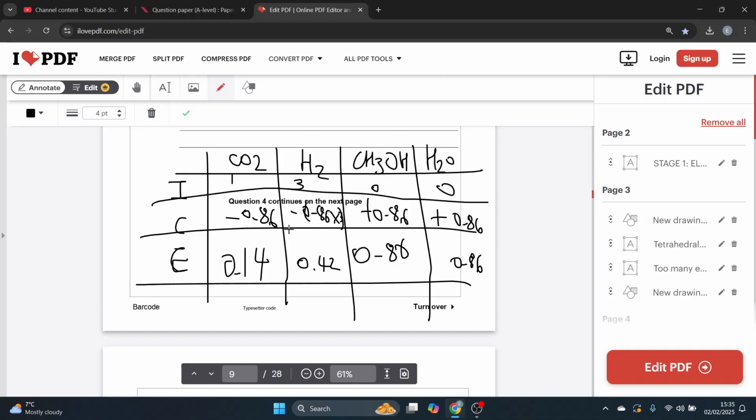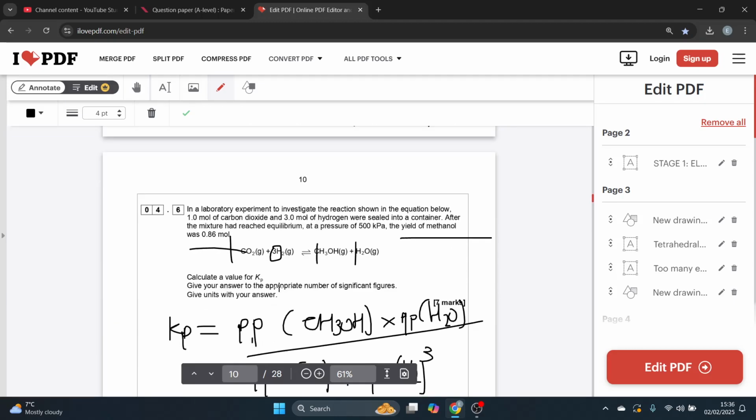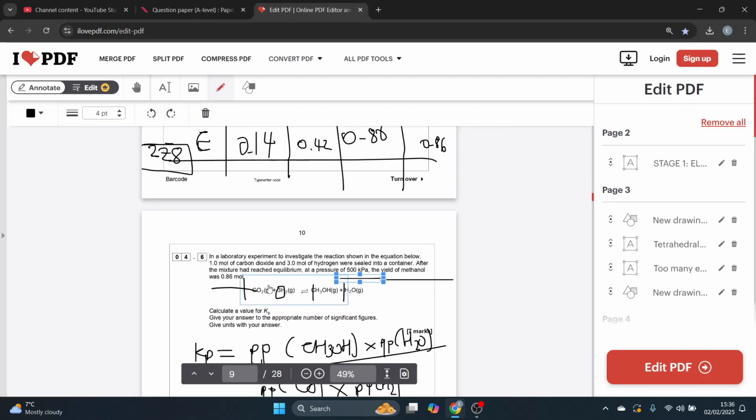Now I need to find out the total number of equilibrium moles. So 0.14 plus 0.42 plus 0.86 plus 0.86. I get 2.28. Now what I need to do is work out a mole fraction and then just times by the total pressure. Obviously the reason it's 7 marks is you need to show each step, but I'll just do it with my calculator because it's a waste of time.